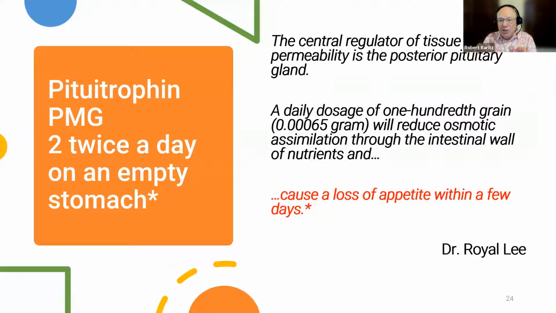A daily dosage of 1/100th of a grain, that's 0.00065 of a gram, will reduce osmotic assimilation through the intestinal wall of nutrients and cause a loss of appetite within a few days. So you have your patient start on the Pitutrophene, and before 5 days are out, their hunger cravings will have definitely been reduced.